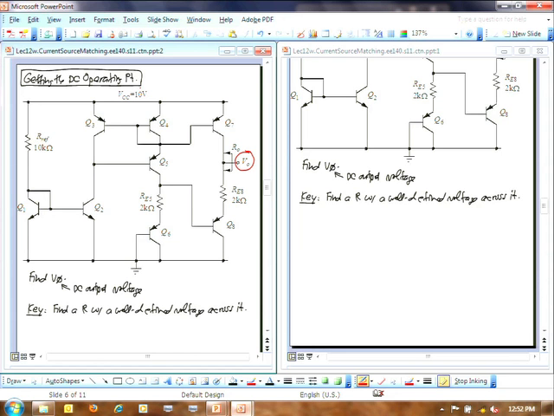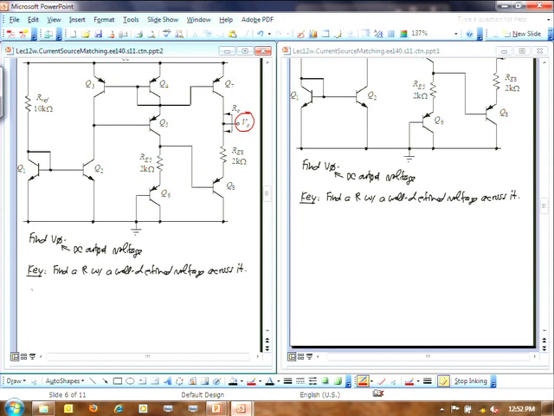Exactly, right? So one thing that I know, a well-defined voltage, so I guess I'll list my well-defined voltages here. I know VCC is 10 volts. I know ground. But I also know what the VBE on is of a transistor.